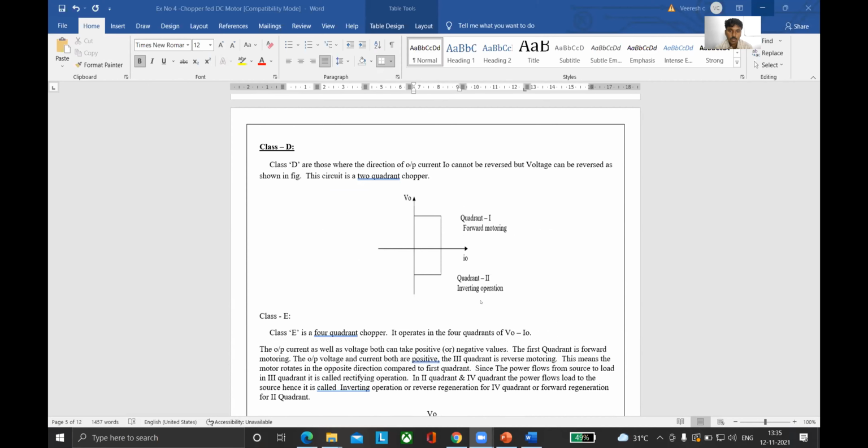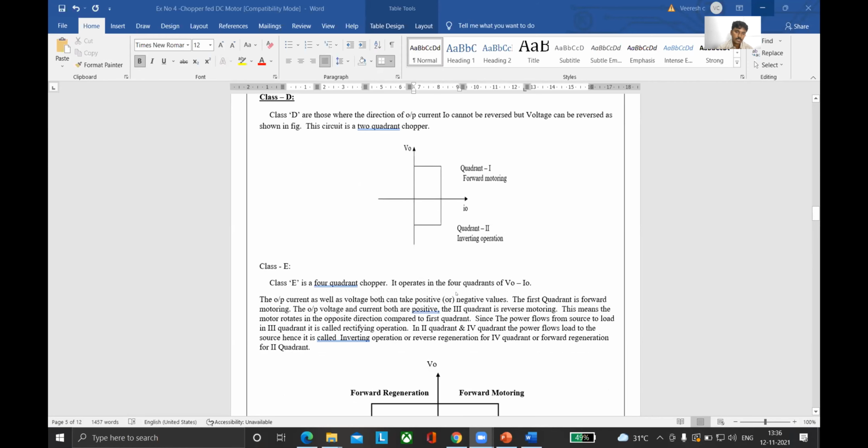When the output voltage is positive and output current is positive, it will operate in the first quadrant, meaning forward motoring. When the output voltage is negative and output current is positive, it will operate in the fourth quadrant, that is the inverting mode, which is reverse motoring. Clear?